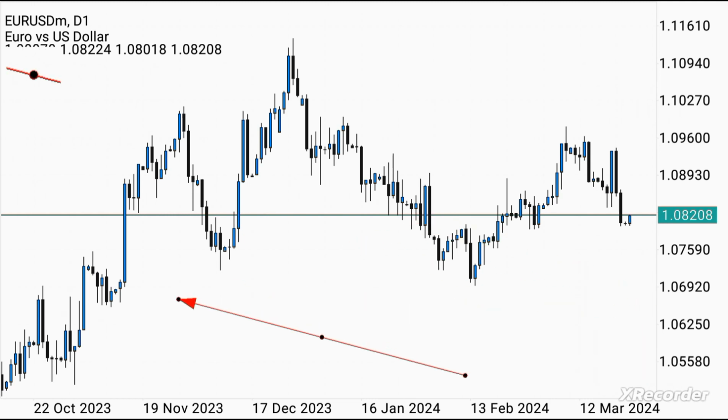What do I mean? You can see this is an impulse, this is a correction candle, this is an impulse, this is a correction candle, this is an impulse. Now you can see that this is still a correction candle. So with this alone, I'll be more careful to conclude that this is a change of market structure yet.